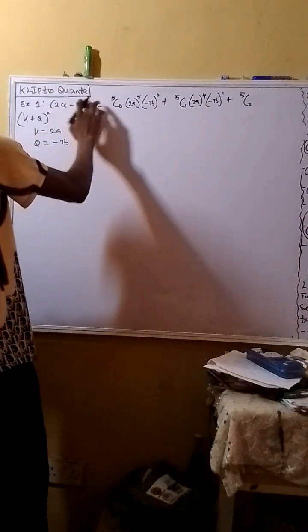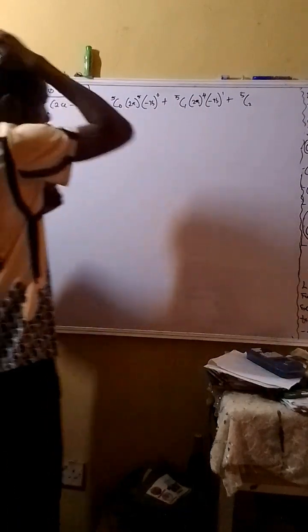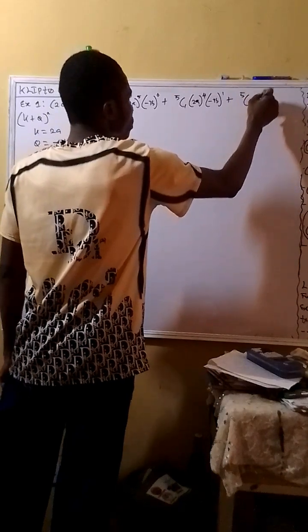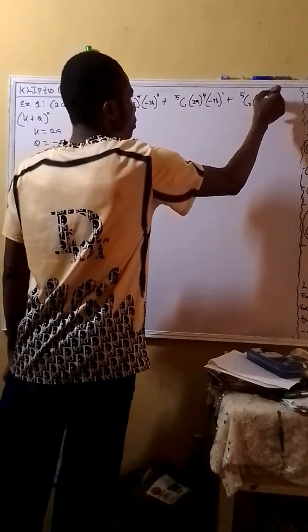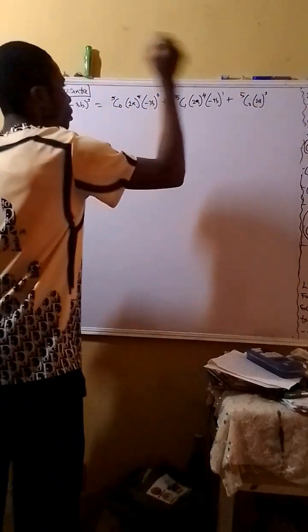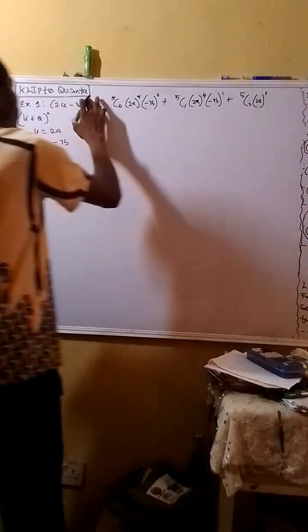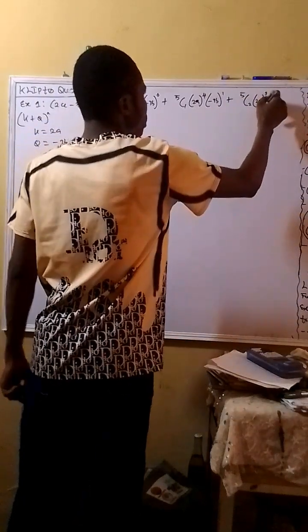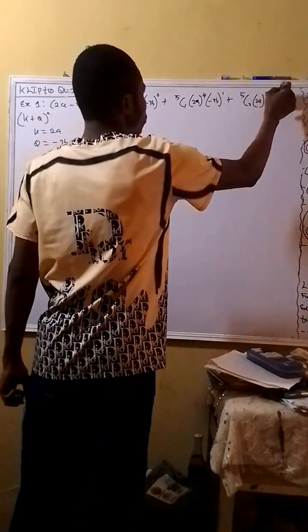Let's even put this out so as not to waste time. So 5 combination 2, you having 2a raised to power 3 and minus 3b raised to power 2.